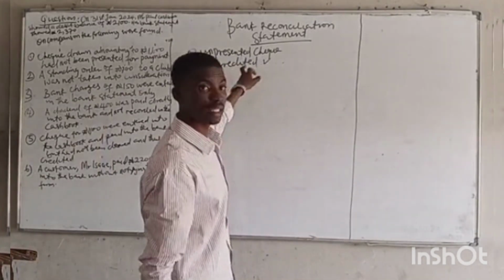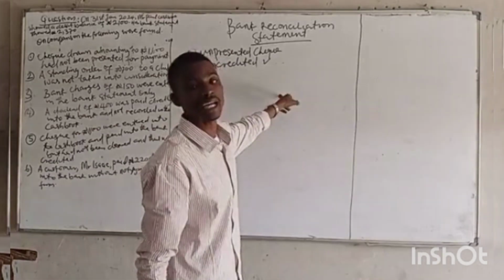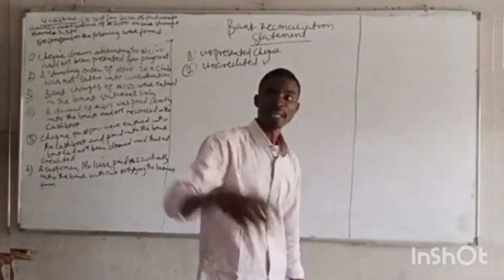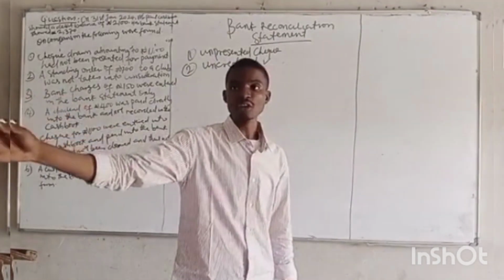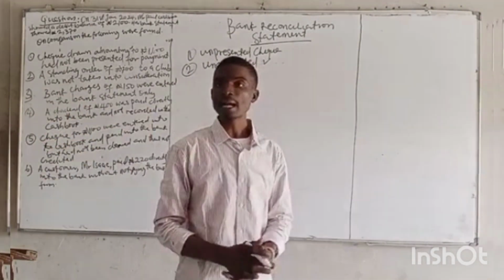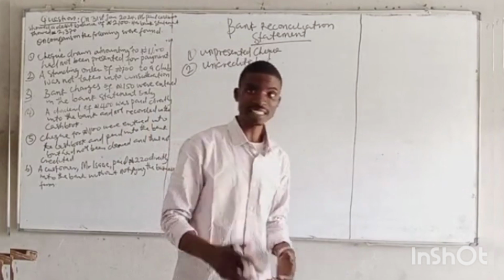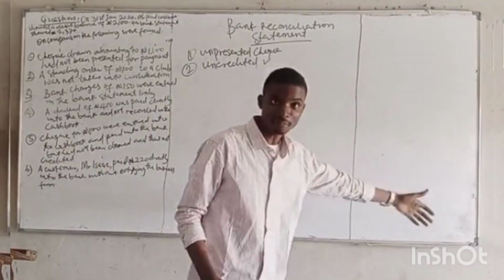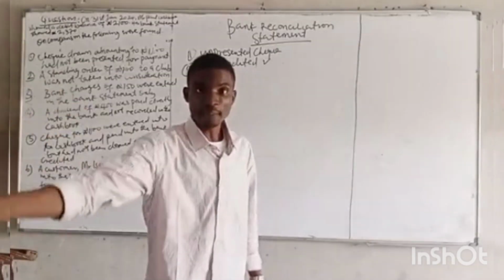And so the effect is that when the business firm receives the check, they have already debited the cash book, showing that the money has entered the account, and paid it into the bank, so that the bank on their own will credit their bank statement. Of course, you know that a debit in the cash book means that money has entered, but a credit for the bank means that money has entered.